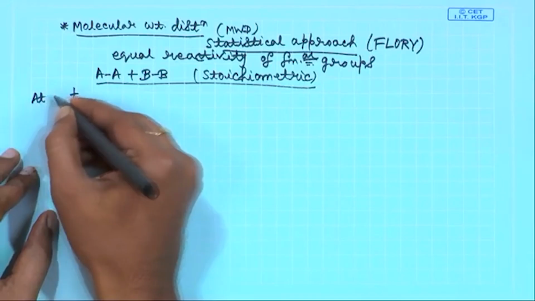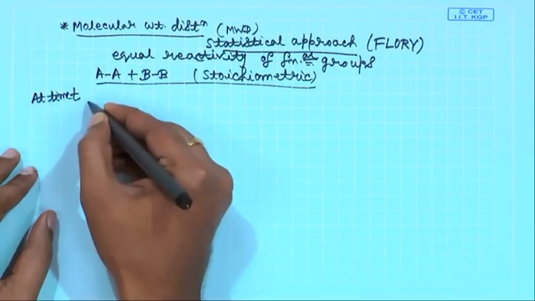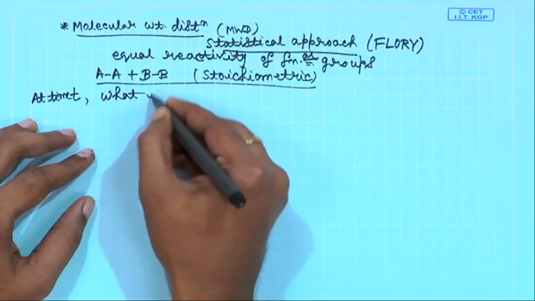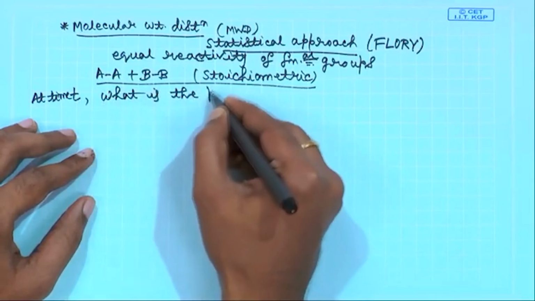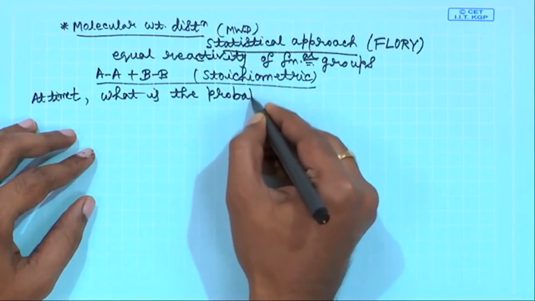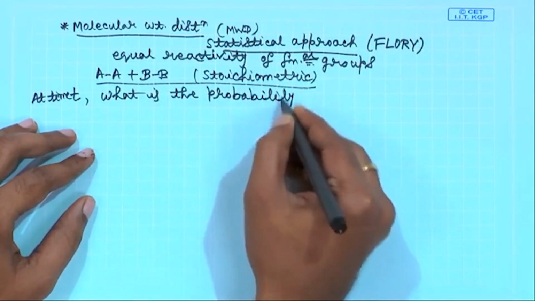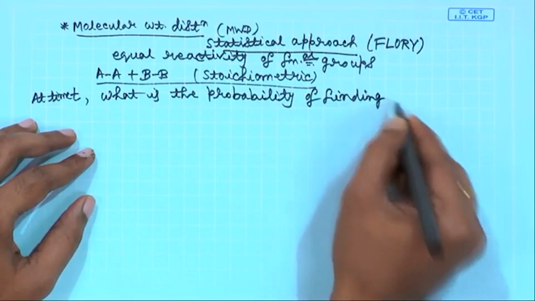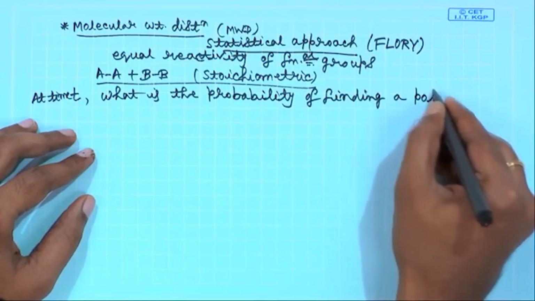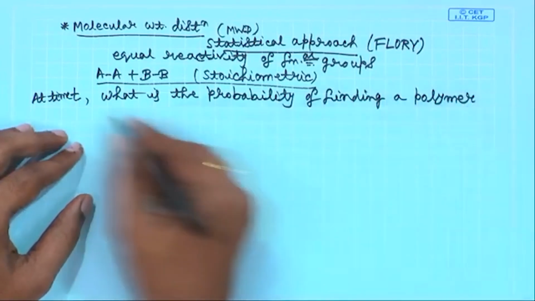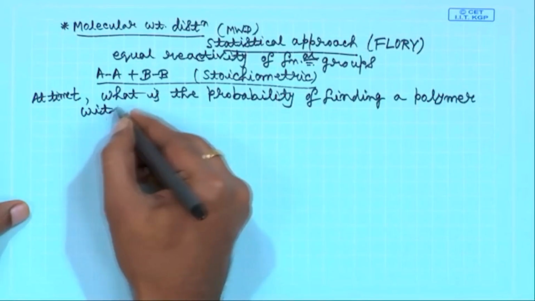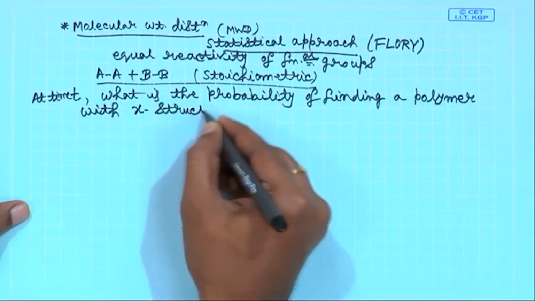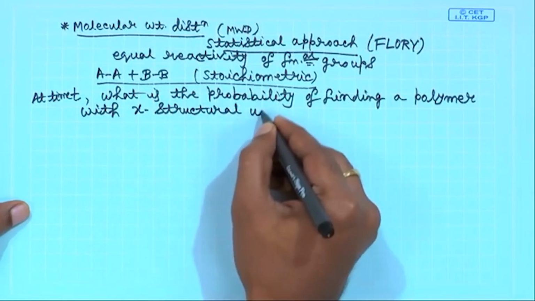At time t, what is the probability of finding a polymer with x structural units?